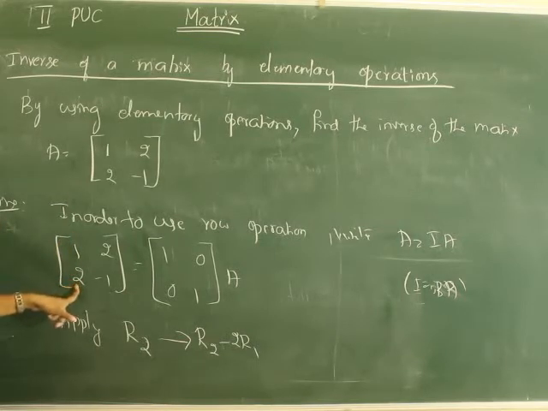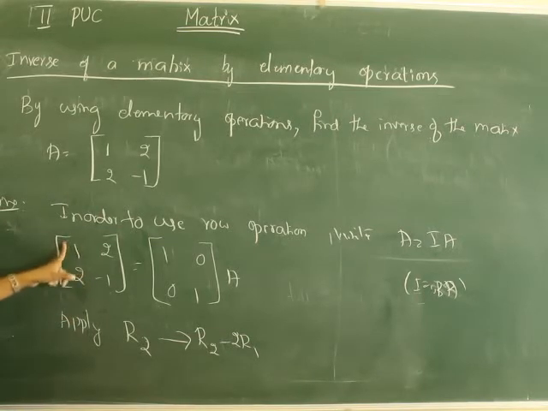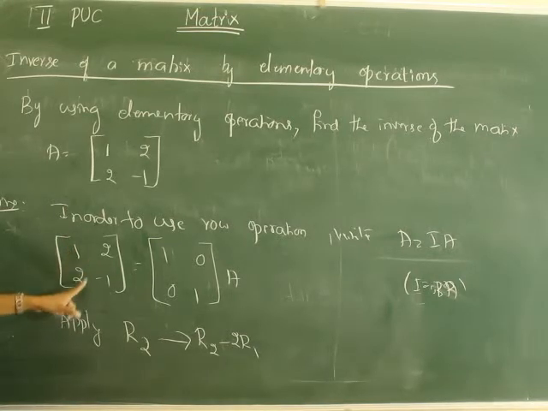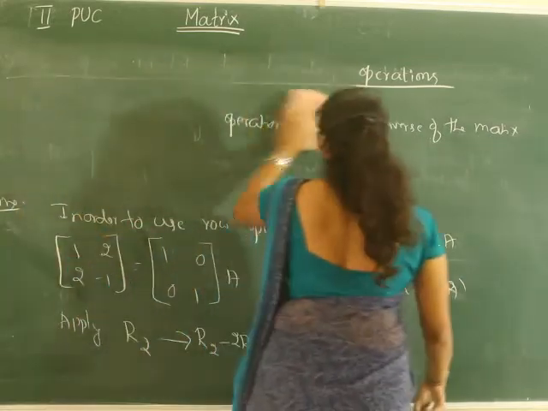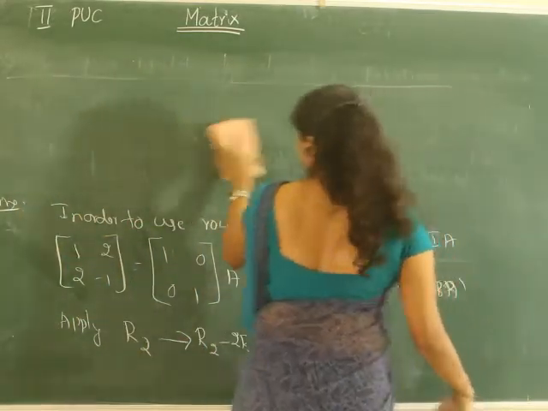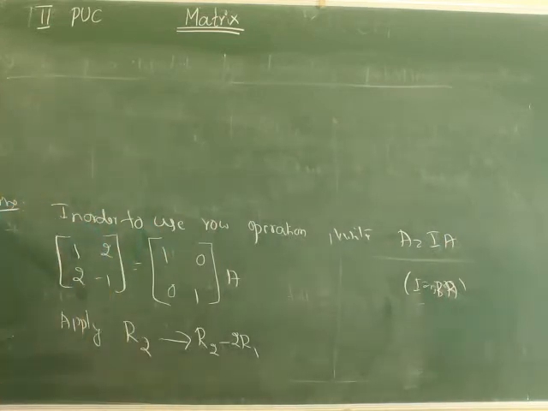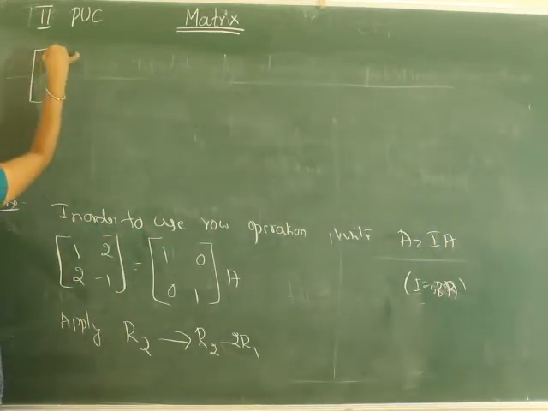R2 is 2 minus 2 into R1, meaning the corresponding element. 2 into R1: 2 into 1 is 2, so 2 minus 2 gives 0. From that operation, the first element we get is 1 as it is.